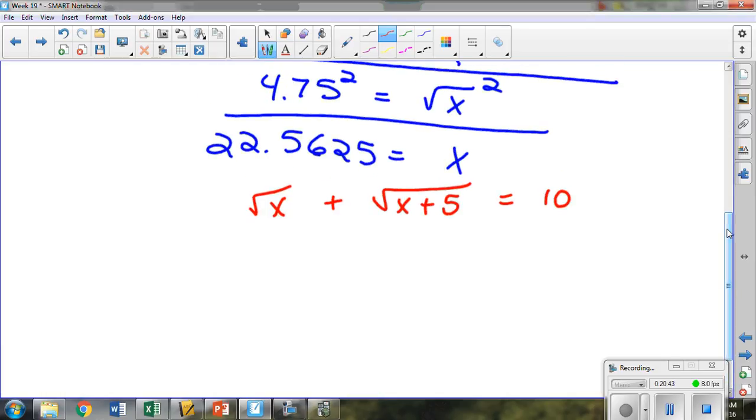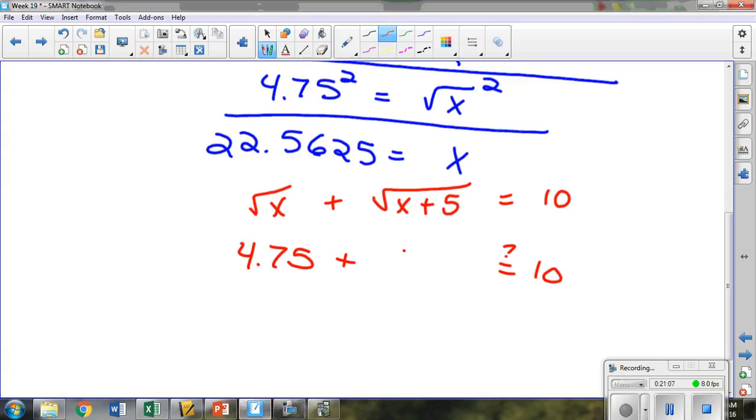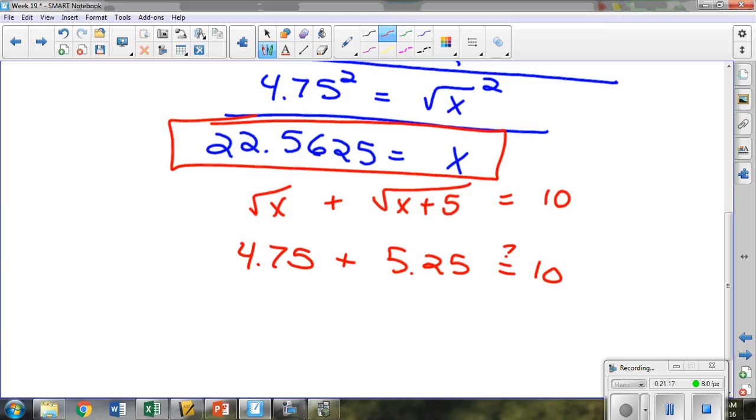The square root of this part we know is 4.75. And 22.5625 plus 5 would be 27.5625. So the square root of 27.5625 is how much? We got 5.25. Is that true? Yes. So, verified correct.